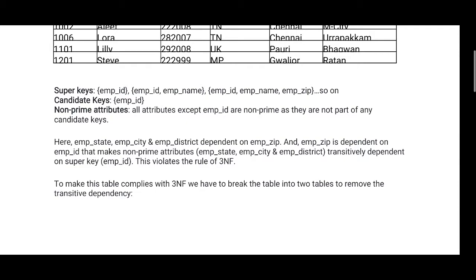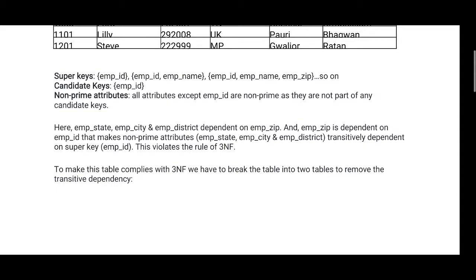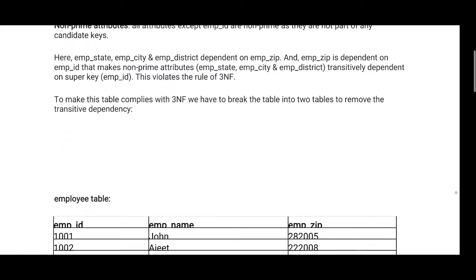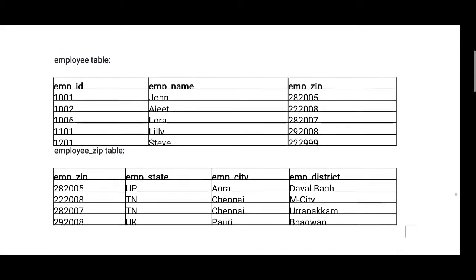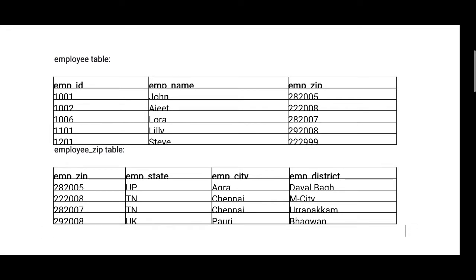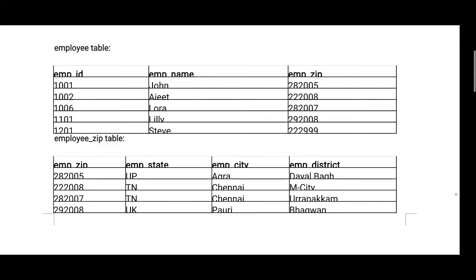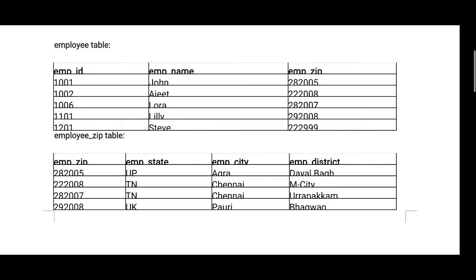To make this table compliant with third normal form, you have to break the table into two tables and remove the transitive dependency. You divide it into the employee table and the employee zip table. The employee table has employee ID, employee name, employee zip. Here employee zip is common to the two tables: employee state, employee city, employee district.